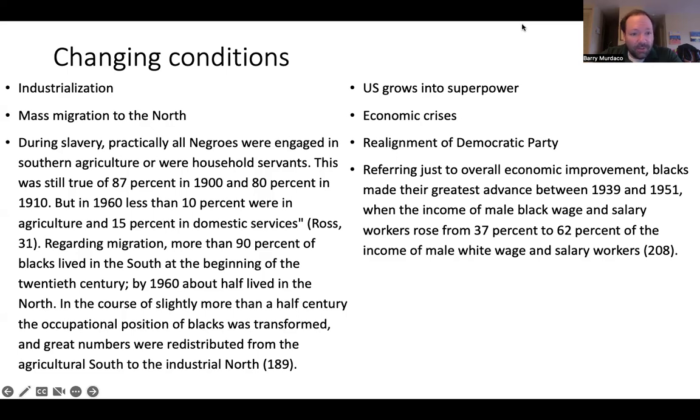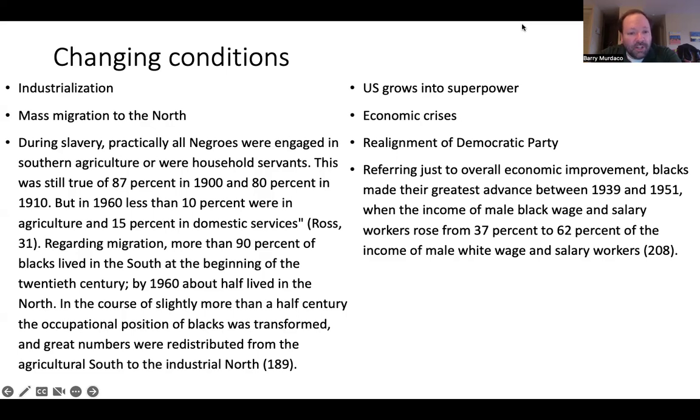They say during slave times, almost all Black people, I won't use their antiquated language here, were basically employed as household servants or worked in the fields. This was still true of 87% in 1900 and 80% in 1910. But in 1960, less than 10% were in agriculture and 50% in domestic service, so only about 25% overall, down from as much as 80% by 1910.